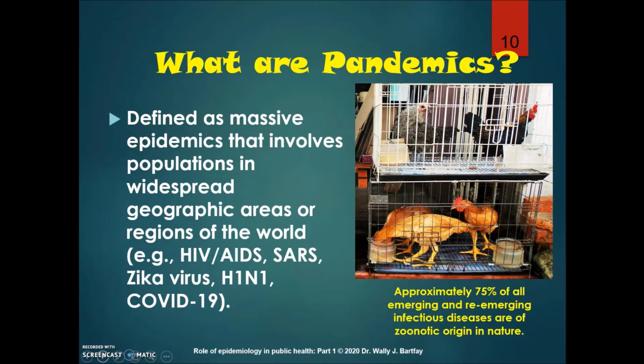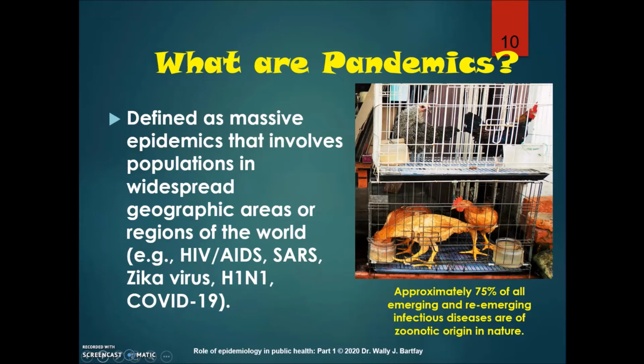So what are pandemics? Well, pandemics are defined as basically massive epidemics that involve populations in widespread geographical areas or regions of the world. And we have had various pandemics over the course of our history. Some recent examples are, of course, HIV/AIDS, which has gone global, the SARS pandemic, the Zika virus, H1N1, and of course, most recently from 2019-2020 and onwards, COVID-19.